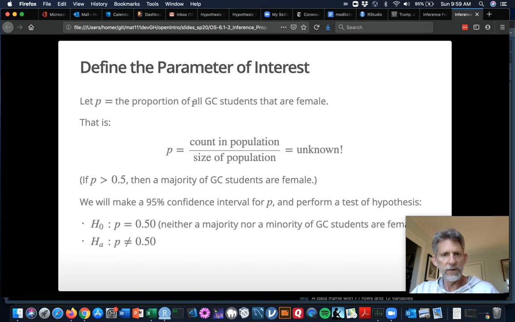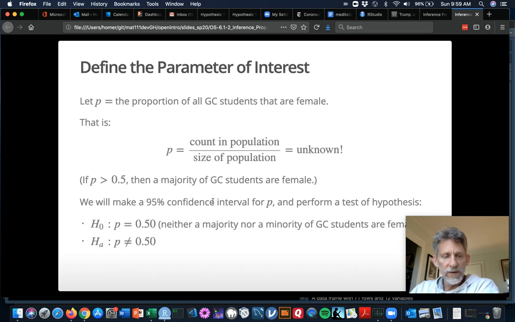Note the emphasis on all. It's that whole population, not the sample. We know about the sample. Now, we don't know P. But if P is bigger than 0.5, then a majority of Georgetown College students would be female. And so our research question really turns on the value of P.